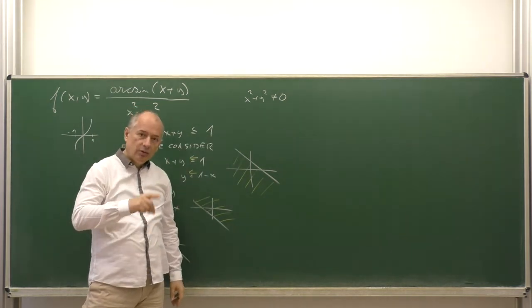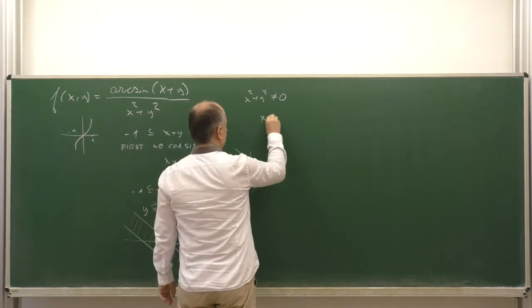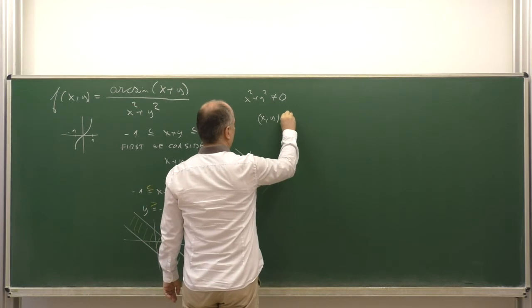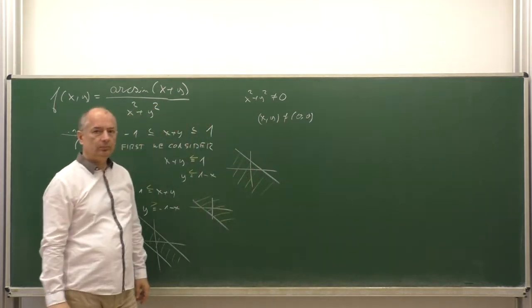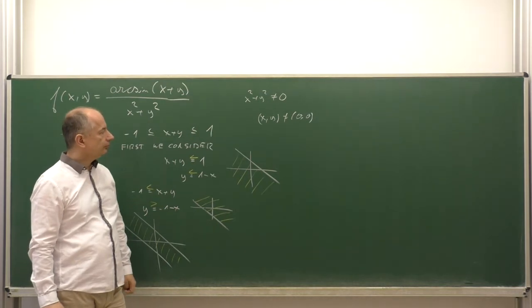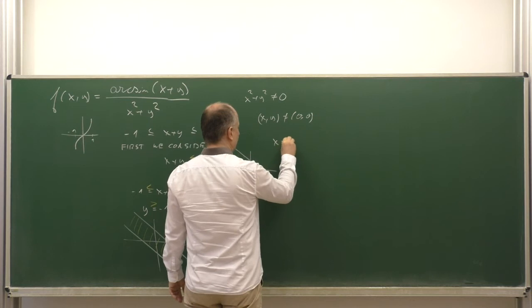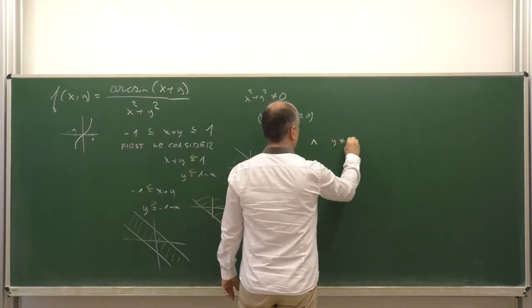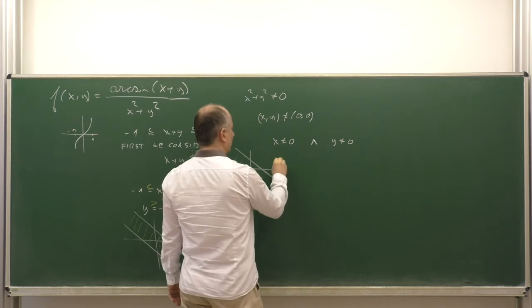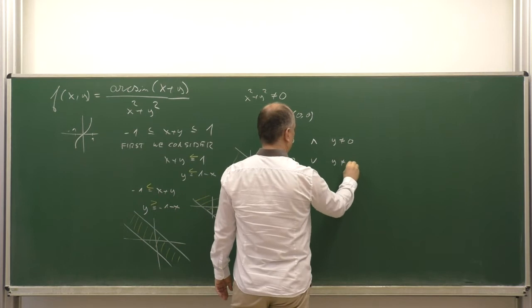And we don't want this situation. So the point (x, y) must be different from (0, 0). So should we write x is different from 0 and y is different from 0? Or should we write x is different from 0 or y is different from 0?